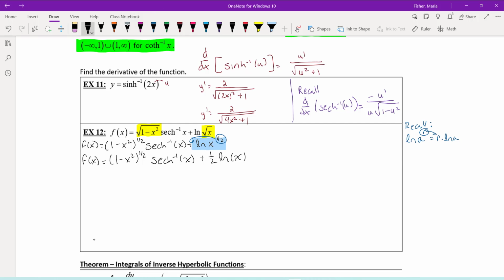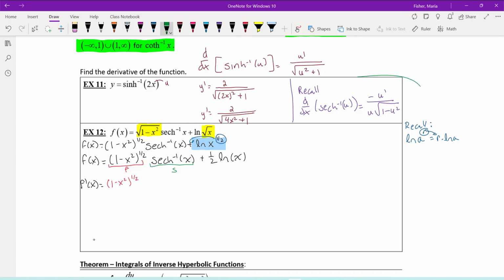Well, we notice that we have a product for our first term because we have a first being multiplied by a second. So here we'd say f prime of x is equal to the first, and that first is just (1 minus x squared) raised to the 1/2 times the derivative of the second.